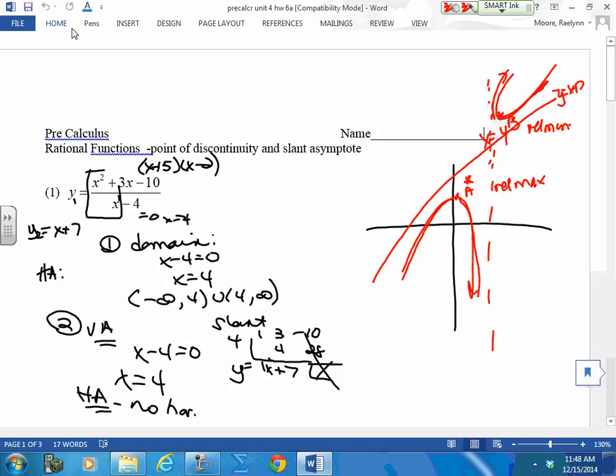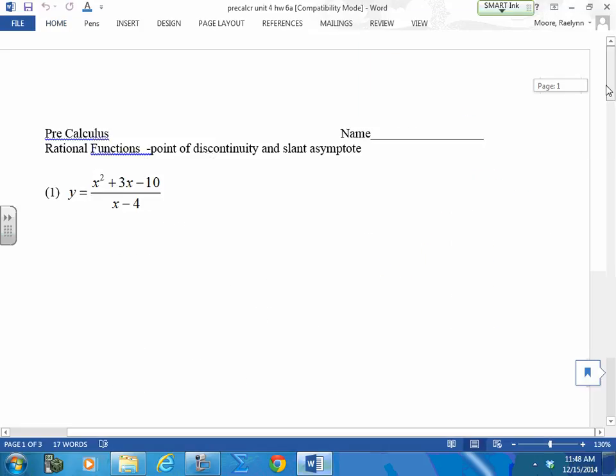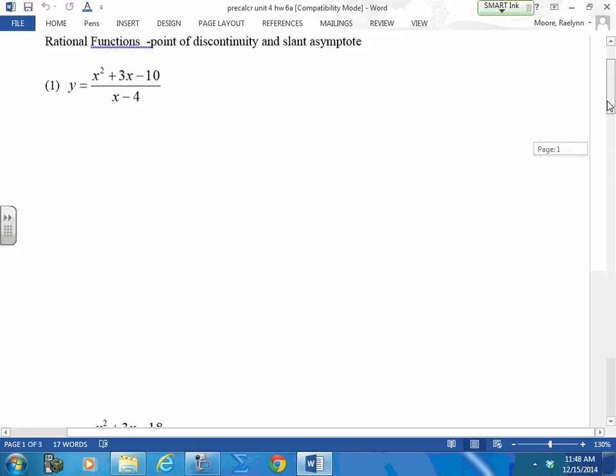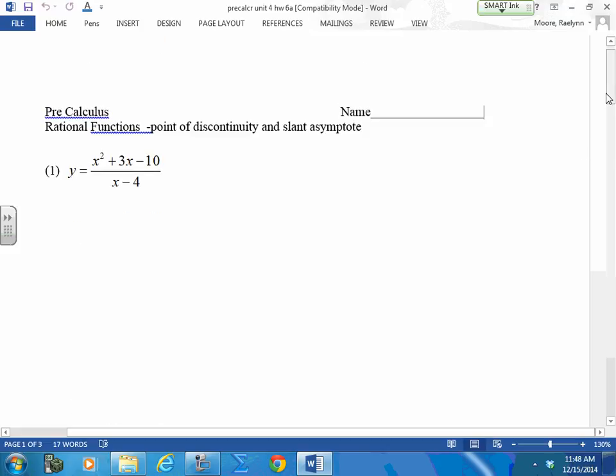I'm just trying to hit some that you might not like. Let's see what else was on this page. This one. Yes. For this one, I actually completed the square and the zero, so we have to do that. I just erased it, but your zeros of your numerator. For this one you did? No. For this one?